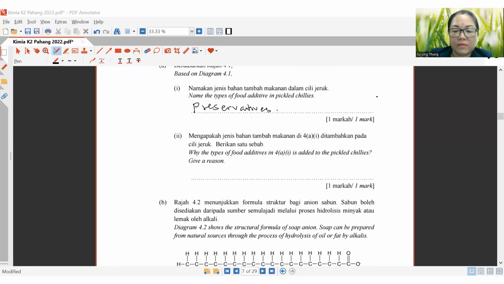So this type of food additive is commonly found and easier to use. Normally we use it to ensure the pickled chili lasts longer. So basically the reason is to ensure the pickled chilies last longer.